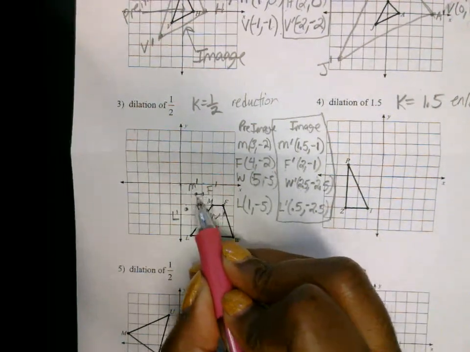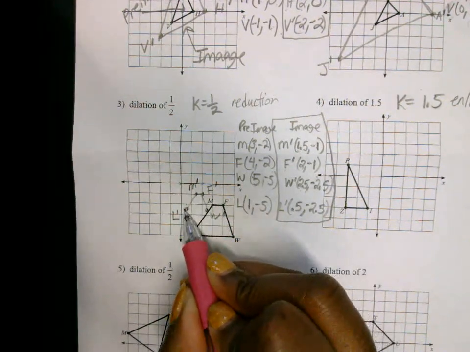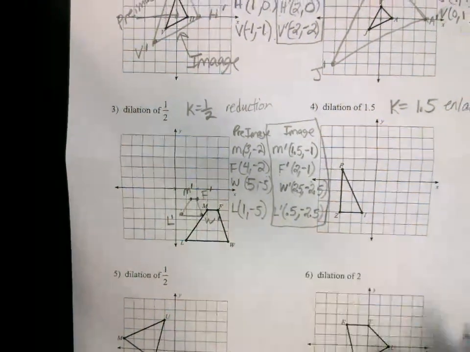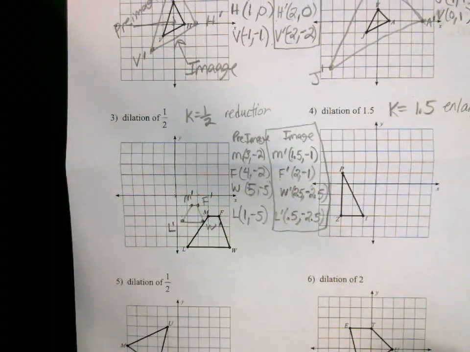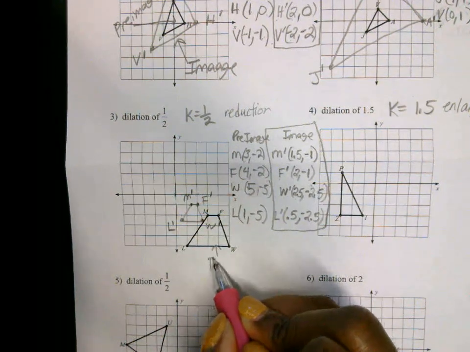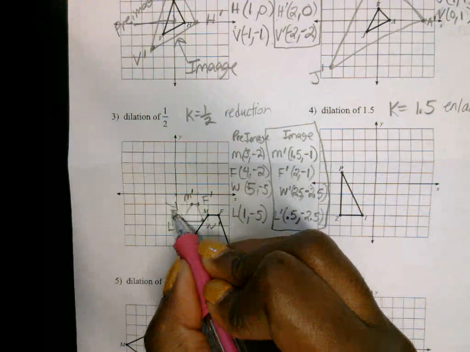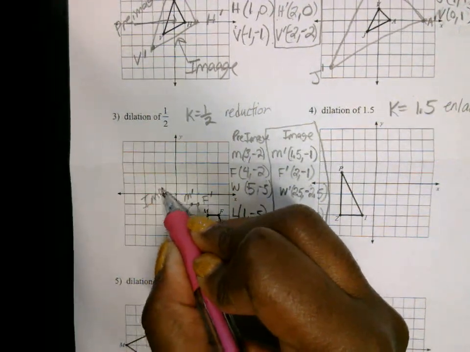So I'm going to connect. How much smaller is this shape? By half, okay? By half. This right here is before the move, pre-image. The smaller is after the move, which is the image.